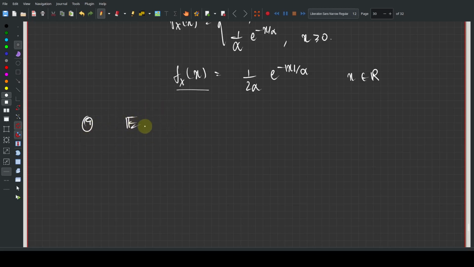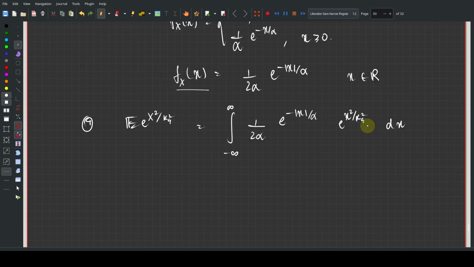So I have the expected value of e to the x square by k4 square. So the integral from minus infinity to plus infinity of 1 over 2 alpha e to the minus absolute value of x divided by alpha times e to the x square divided by k4 square dx.